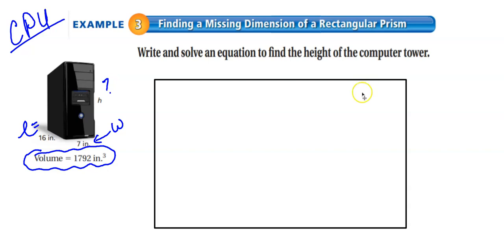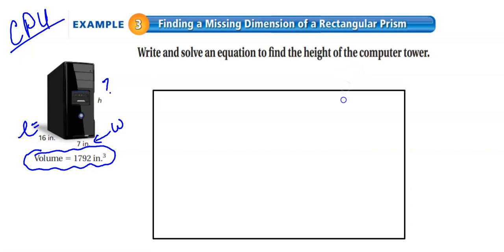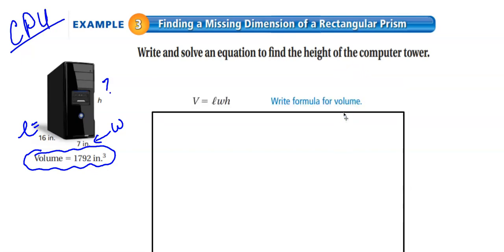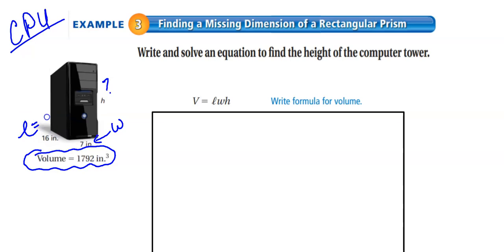So I can write my equation just like I did with the previous example with area. But now I have 3 dimensions, right? So I write the formula: volume equals length times width times height. Now I remember that, oh, that's right. Let's change this to red.